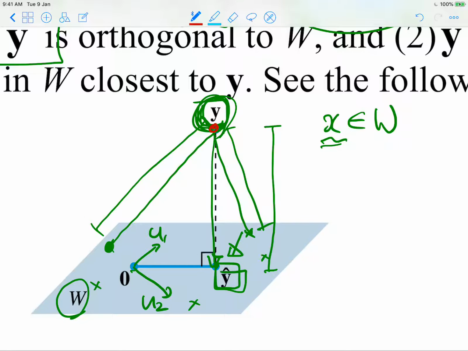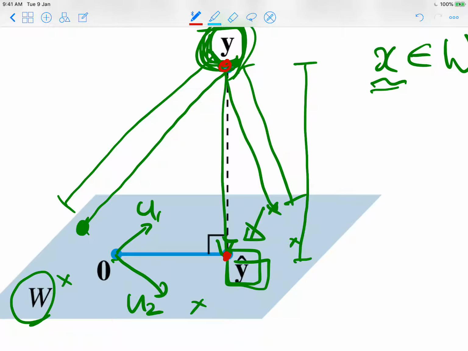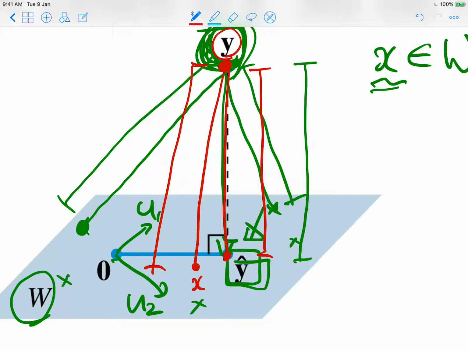Okay, so we have y and y hat over here, and let's choose any other point from W. For example, suppose we have another vector x. We are just comparing the distances between the two from the same y, to see which distance is shorter.